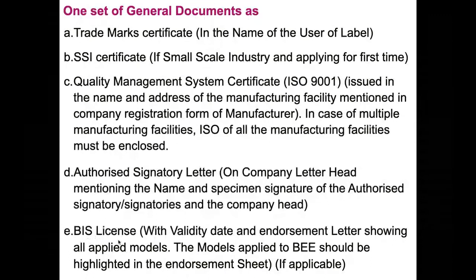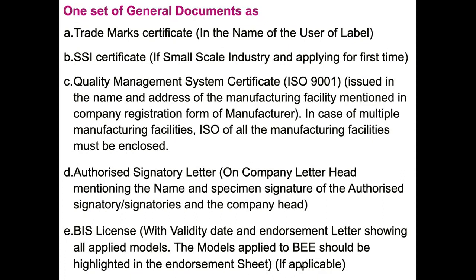And the BIS license is also important, with the validity date and an endorsement letter showing all applied models. The models applied for BE should be highlighted in those endorsement sheets as well, if applicable.